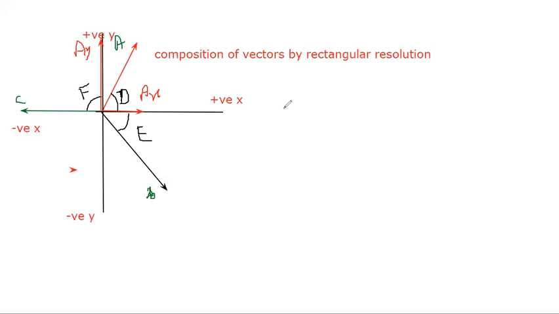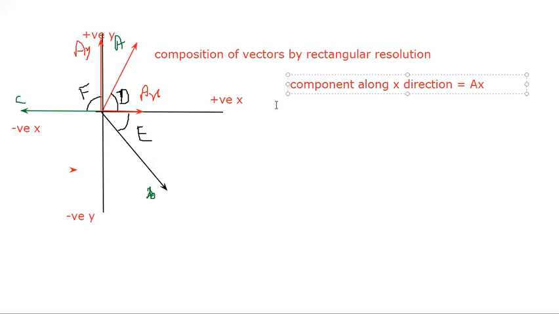So what is the component along the x direction? Ax. Similarly, for this B vector, what will be the two components?